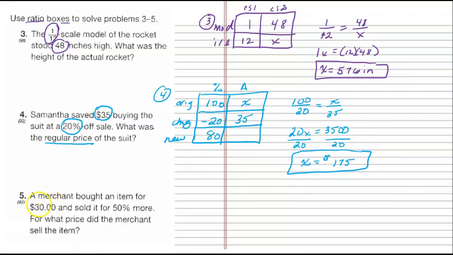Okay. A merchant bought an item for $30 and sold it for 50% more. For what price did he sell the item? So same. Let's see. This is original, change, new.